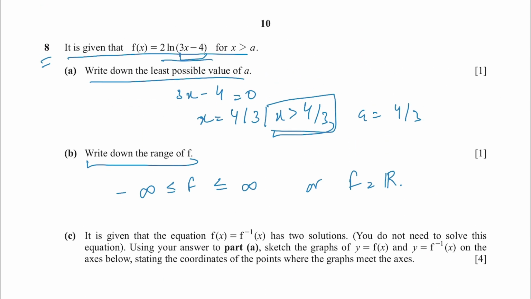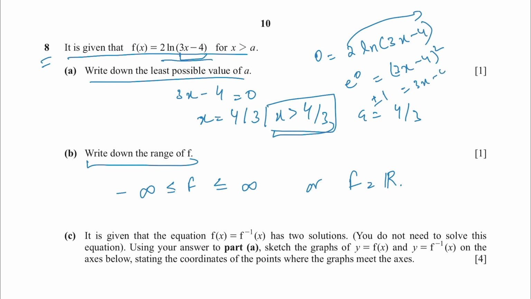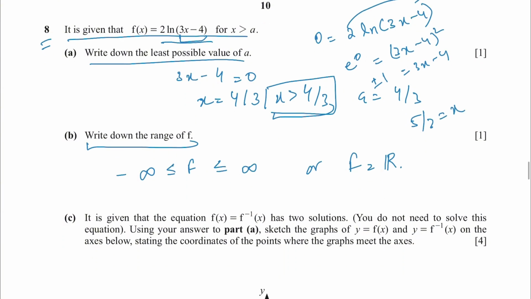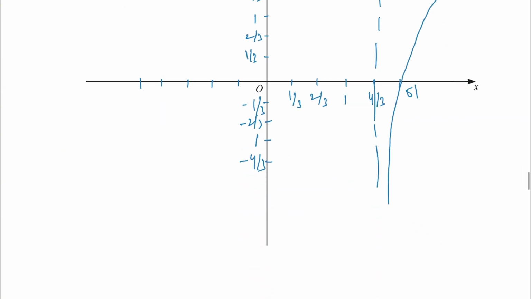We can use y equals 0, so 0 equals 2 ln (3x minus 4). This would go in power, so e to the power 0, that is 1, equals 3x minus 4 whole squared. E to the power 0 is basically 1. The square root of 1 is plus minus 1, so this would be 3x minus 4, and we get our answer as 5 over 3. So we have correctly plotted it.